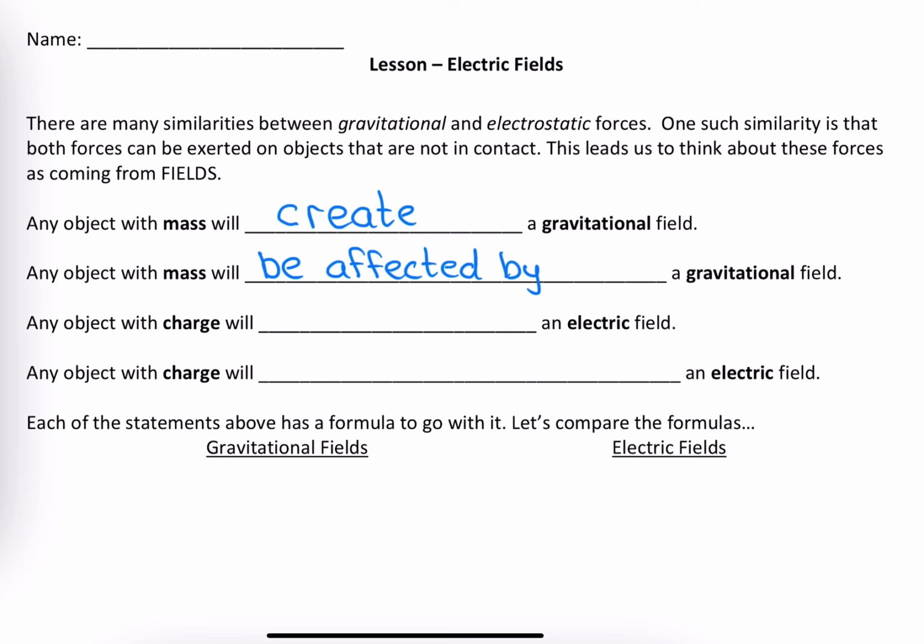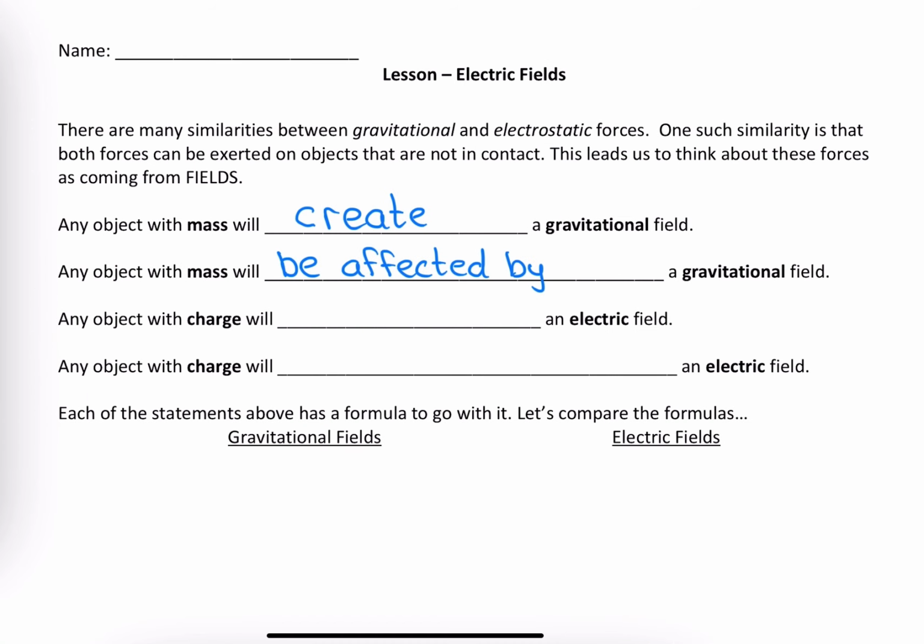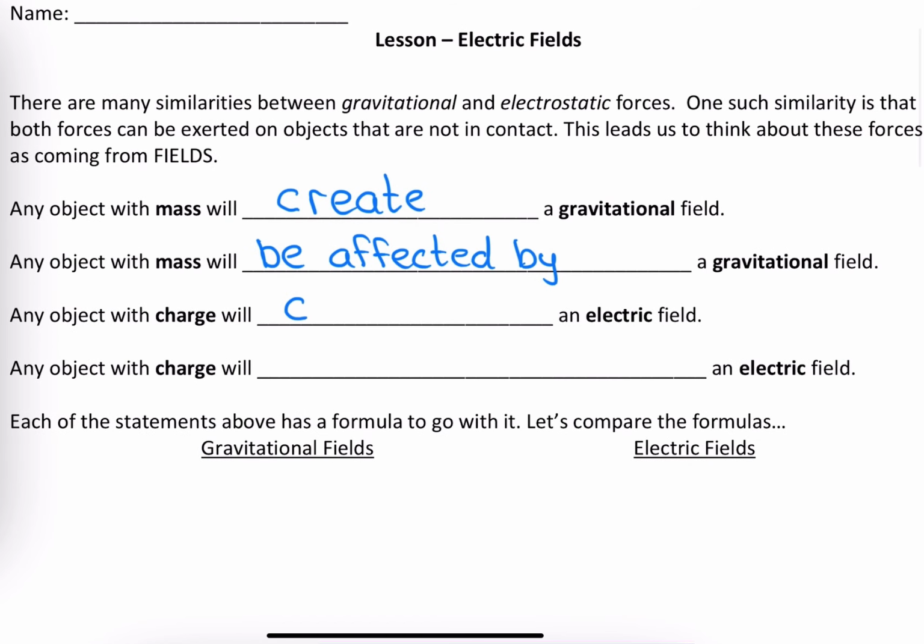This idea carries forward to electric fields as well. Any object with electric charge will create an electric field. And any object with electric charge will be affected by an electric field.